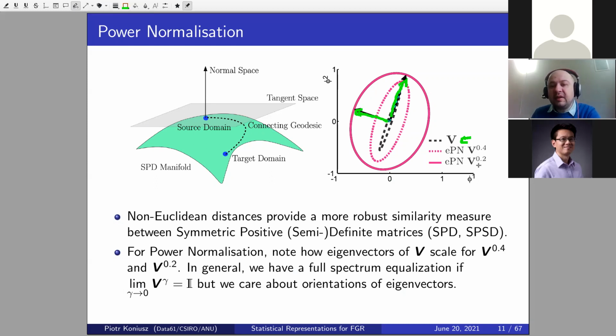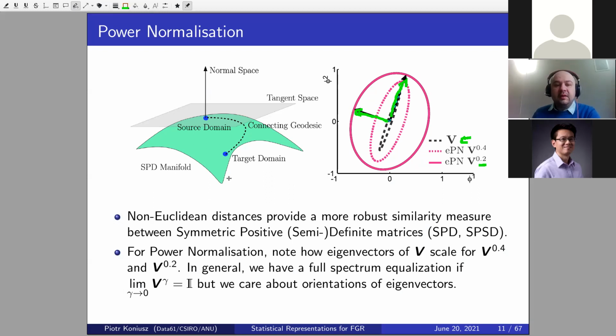And of course, the lower the power value, the more equalized are the eigenvalues of the covariance or autocorrelation matrix. What it means is that we essentially perform detection in the spectral domain.